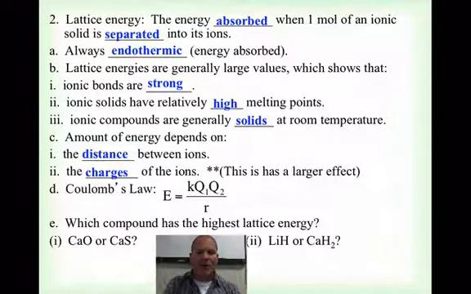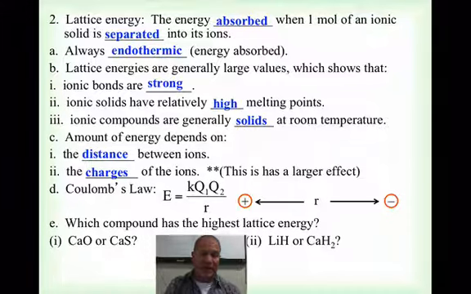So we compare compounds, for example, in letter A, we want to compare the highest lattice energy. If I want to measure my highest lattice energy, I have calcium oxide and calcium sulfide. I see calcium is +2. It's present in both of them. Oxygen and sulfur are both in the same group, column 16, so they're both -2. So in that situation, my charges don't answer the question, therefore I have to look at the size.